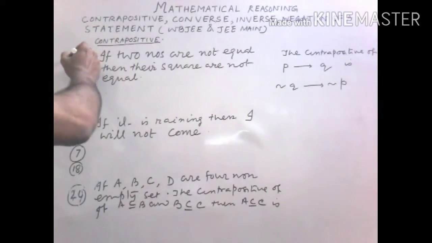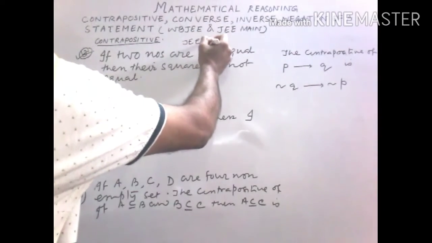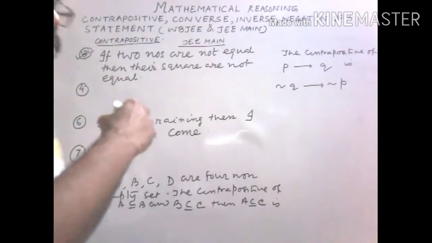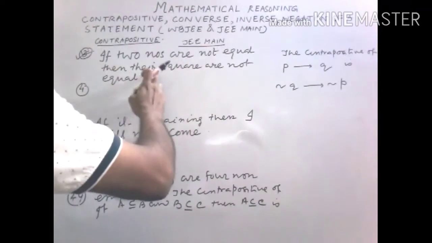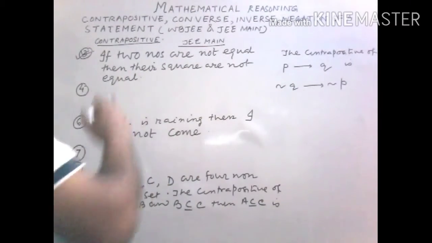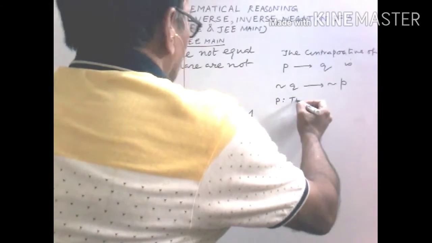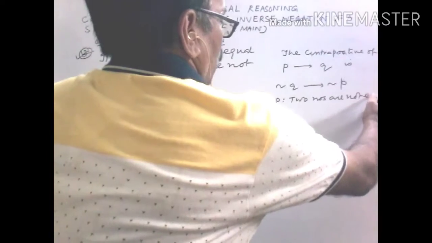So look, problem number 3. They are all problem of JEE main of 4 marks problem. So problem number 3. If two numbers are not equal, then their squares are not equal. So P is a statement: two numbers are not equal.